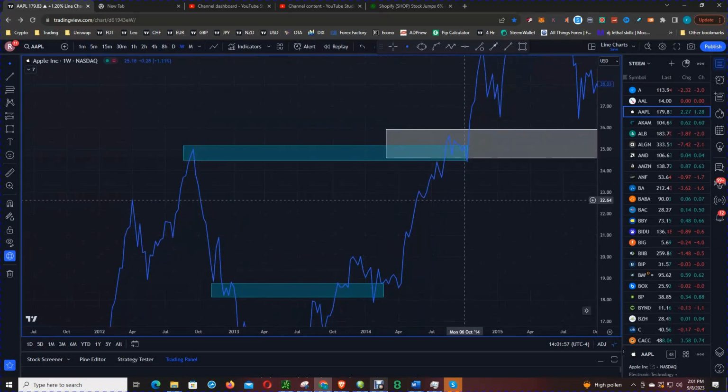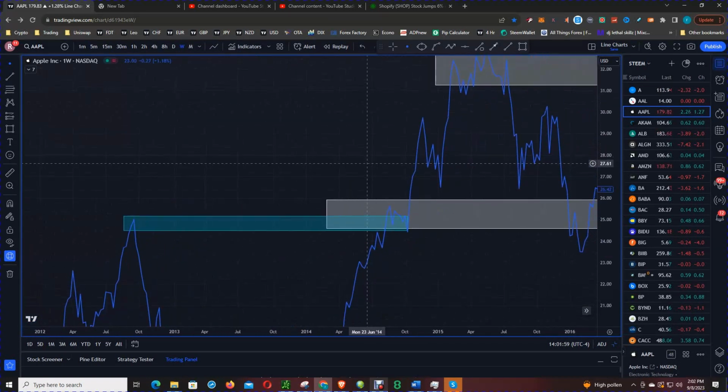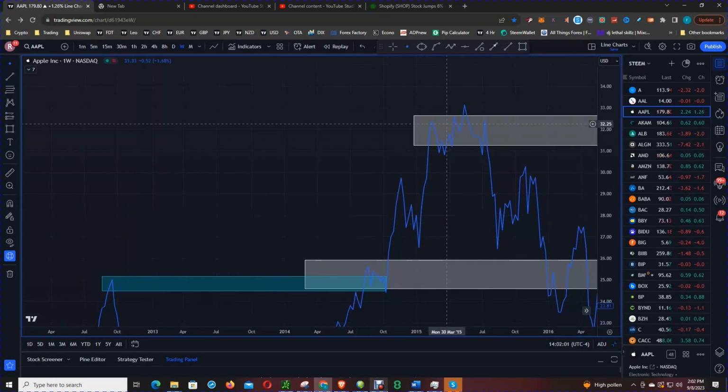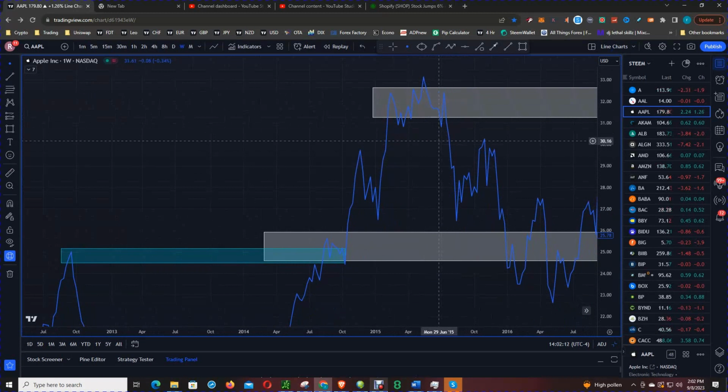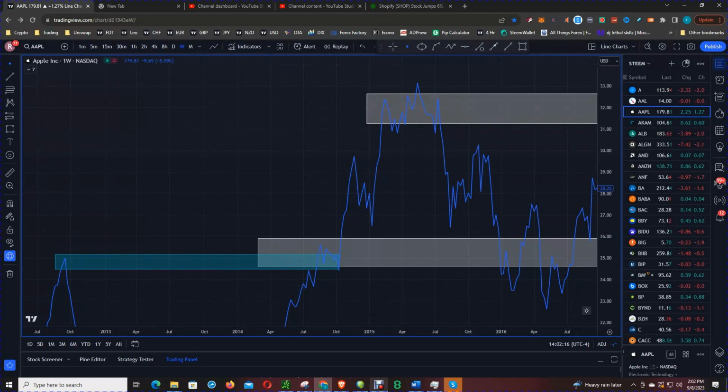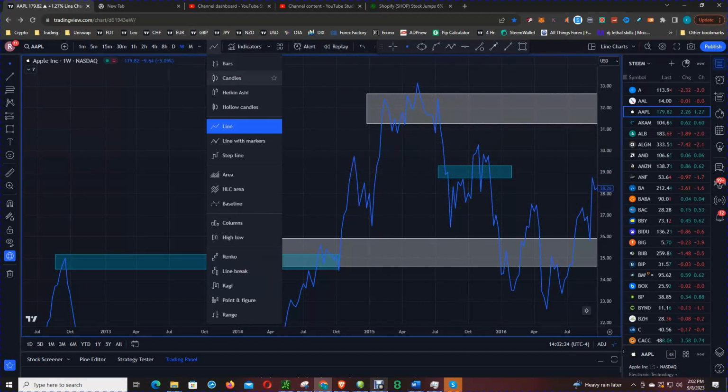All right, now we're going higher. Got a little head and shoulders here. Shoulder, head, shoulder, drop, base, drop. This doesn't look like it worked out. Maybe. Let's see.